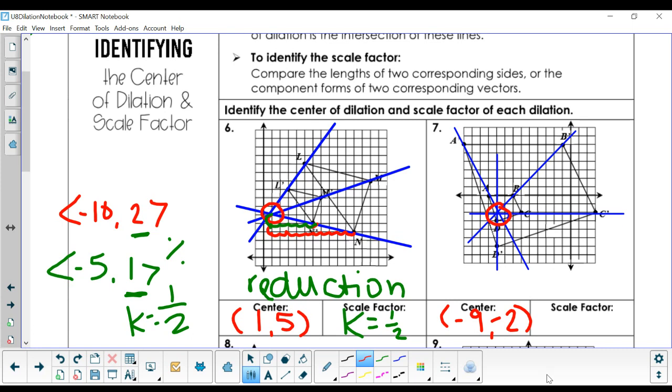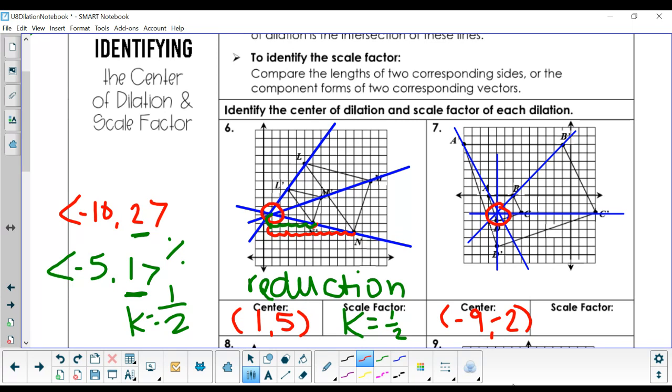Okay. And so remember, from our center of dilation, now we need to find our distance from our center of dilation to one of our pre-image points. So let's do A. We're going to go from our center of dilation and we're going to count over first because we do our x's first.